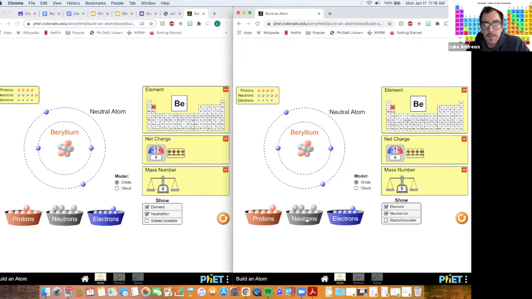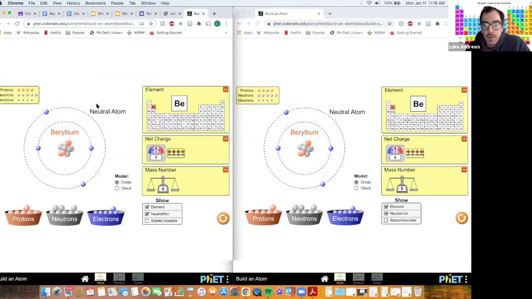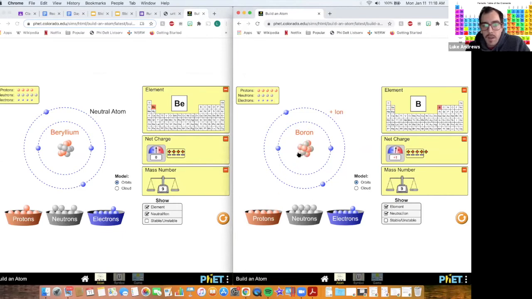I also saw some people get mixed up on questions 3 and 4, where they would see that chlorine and potassium have the same mass. Well, I can just approximate that too. So here we have 2 mass numbers and 9. All right, I'm going to take out a neutron and put in a proton.